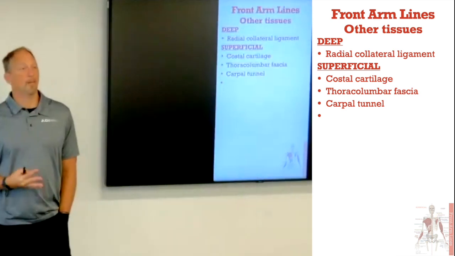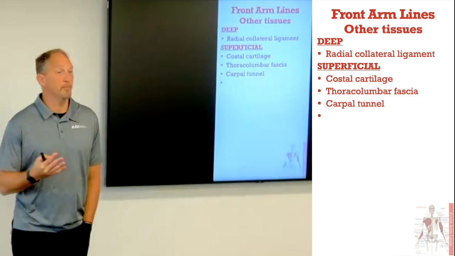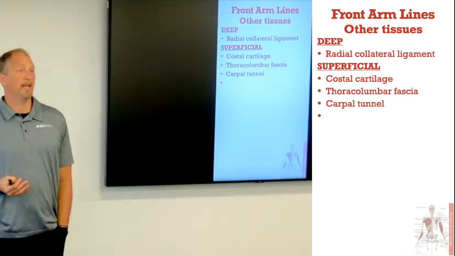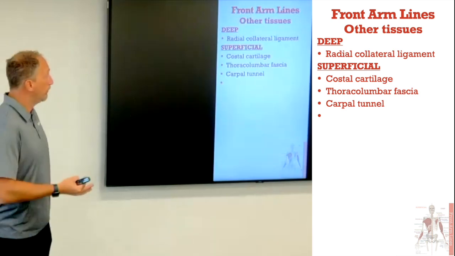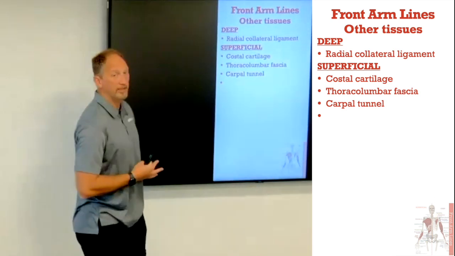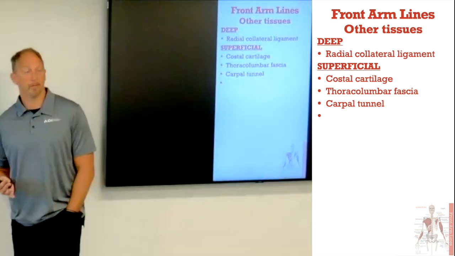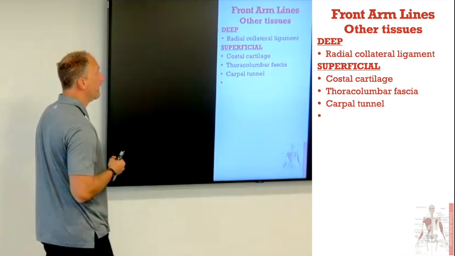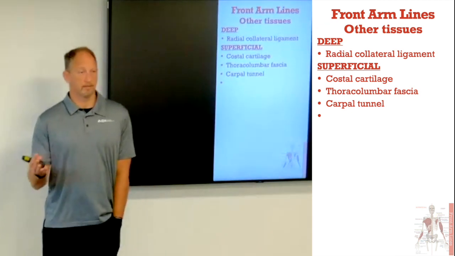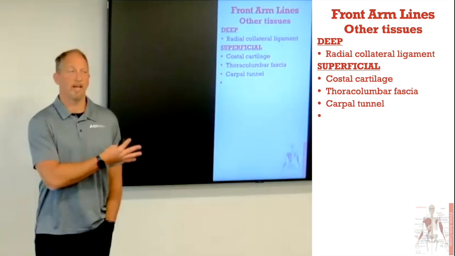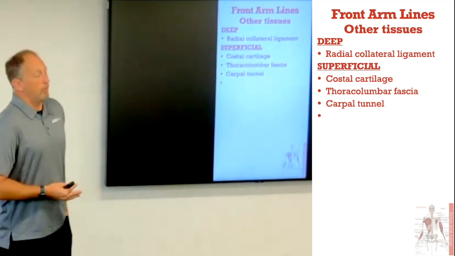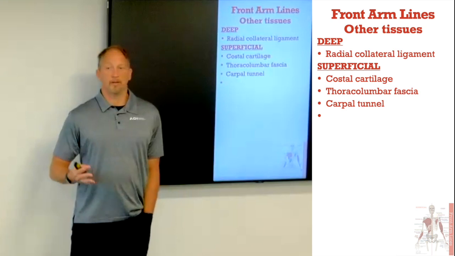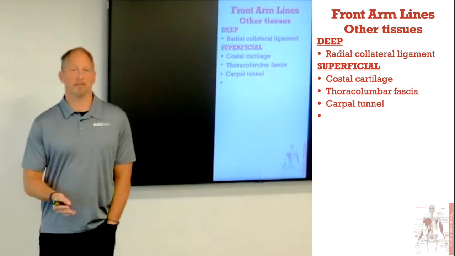So have that person with low back pain that comes in, and we look at their low back and nothing's jumping out at us. We might need to expand our thinking and take a look at that superficial front arm line. This is why we can't fall into the trap of this person's coming in with back pain, let's just look at the back.